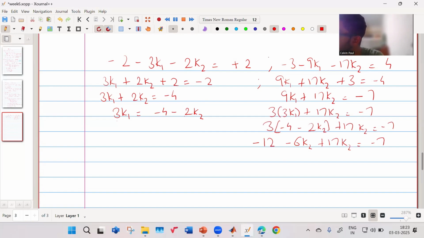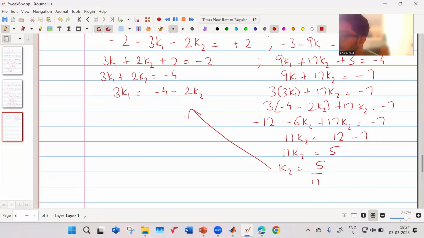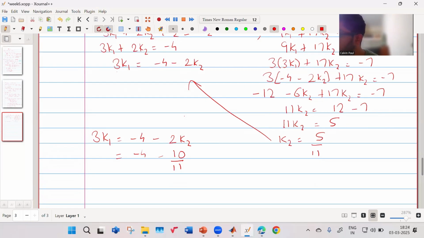So you get 11k2 is equal to 12 minus 7. So 11k2 is equal to 5. So k2 is equal to 5 by 11. Okay, and then we substitute this over here. So we get 3k1 is equal to minus 4 minus 2k2. So it is minus 4 minus 10 upon 11.